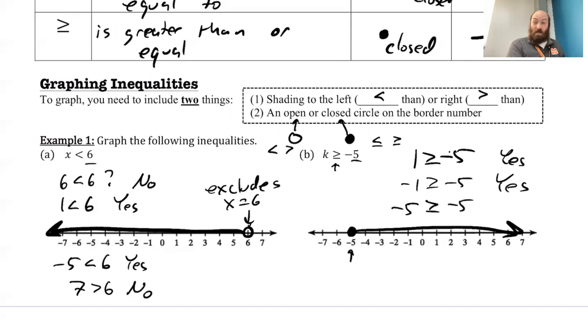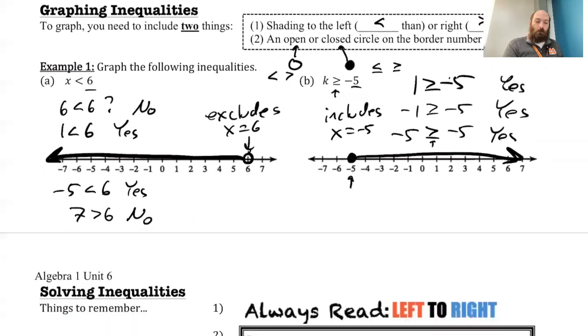Is that greater than or equal to -5? Because of the equal, that's a yes as well. That's why we do a closed circle. It includes x equals -5. That's a part of our solution. Open circle means excludes, closed circle means includes.